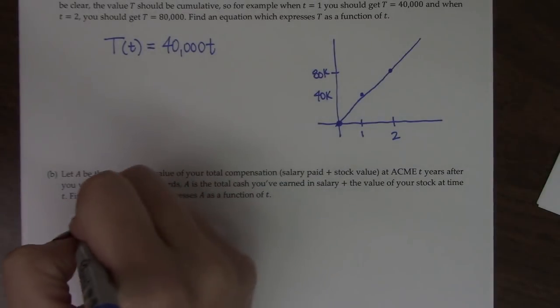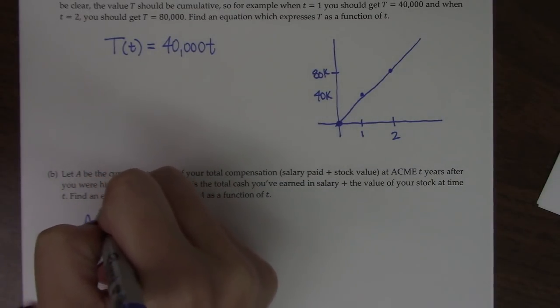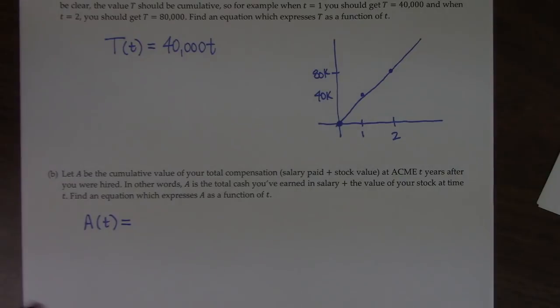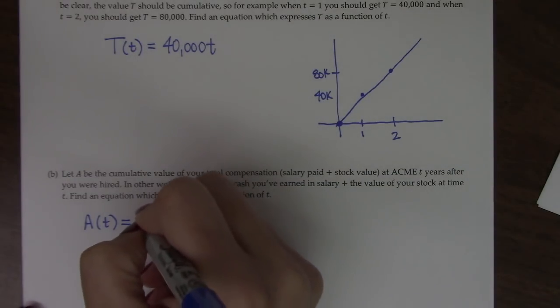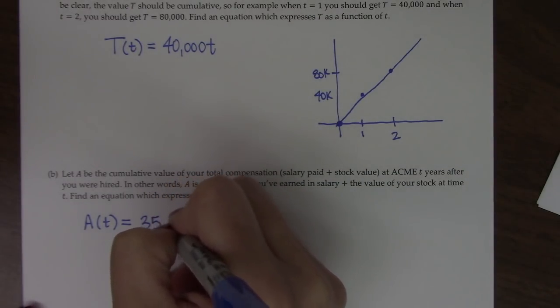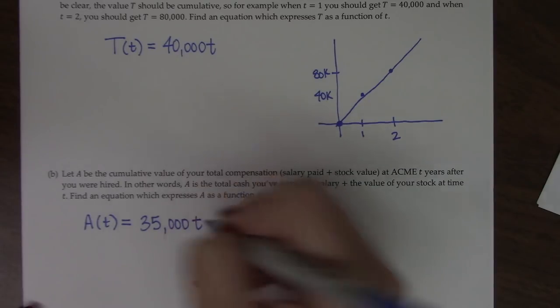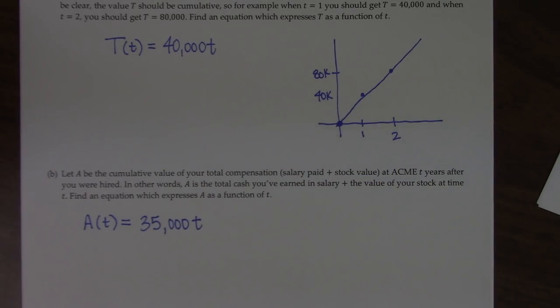So Acme gives you a base pay of $35,000 per year. So that's just 35,000 times t years, right? So 35,000 in base pay after year 1. After year 2, you've cumulatively earned 70,000, right? So just like in the previous problem.